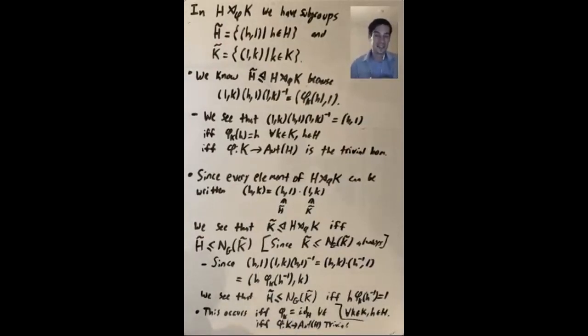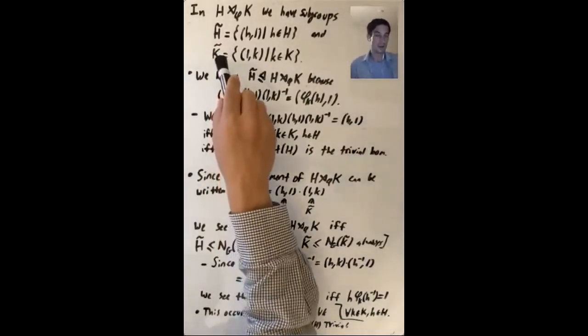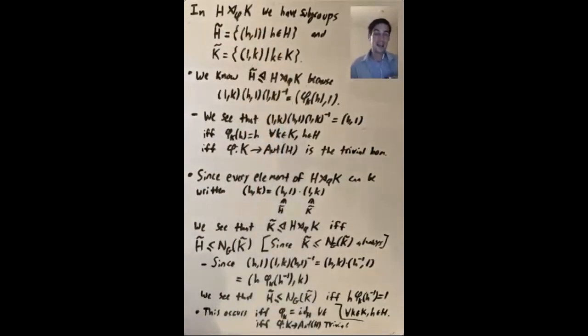And if phi k is always the identity automorphism, that means that phi is the trivial homomorphism. So what are we seeing here? We're seeing that K tilde is also a normal subgroup in the semidirect product if and only if phi is the trivial homomorphism. Another way to say that, we've already seen that phi is the trivial homomorphism if and only if the semidirect product is isomorphic to the direct product via this identity map.